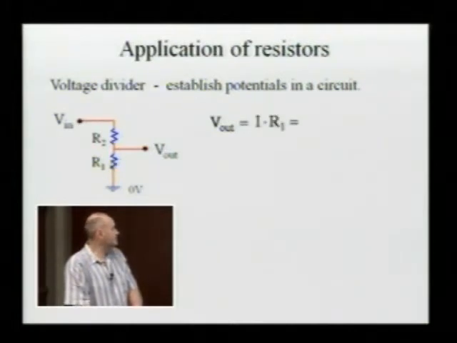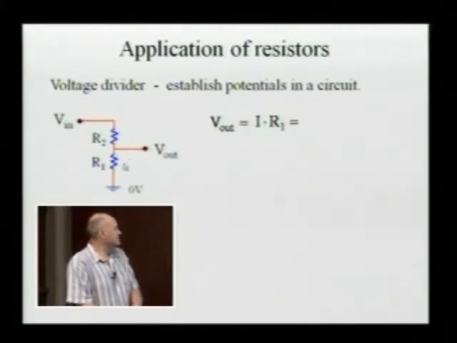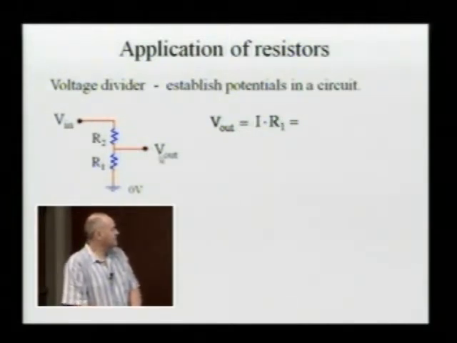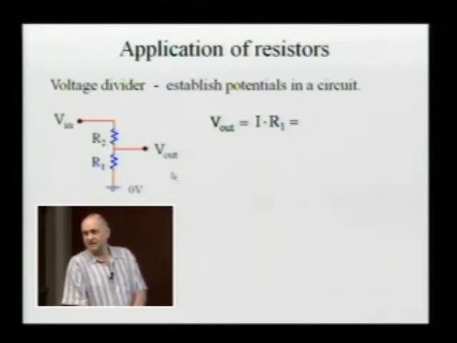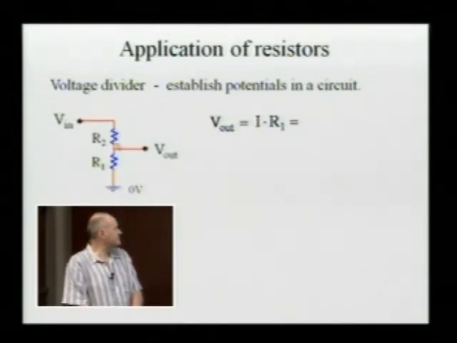I can write it down that this is the current flowing in this resistor multiplied by the resistance of this resistor. Now the current flowing in this resistor is related to the current flowing in that circuit. Assuming that whatever I connect over here doesn't drain a lot of current, these two resistors are connected in series.